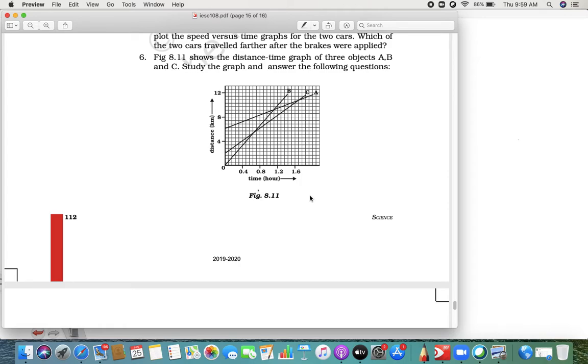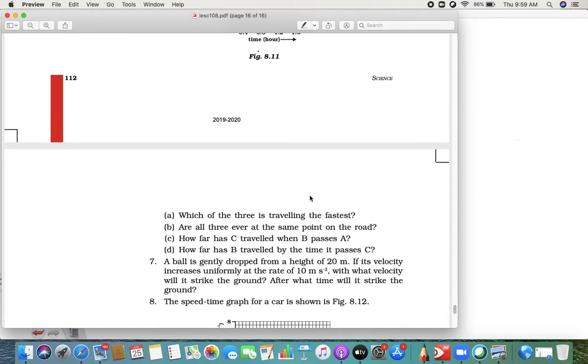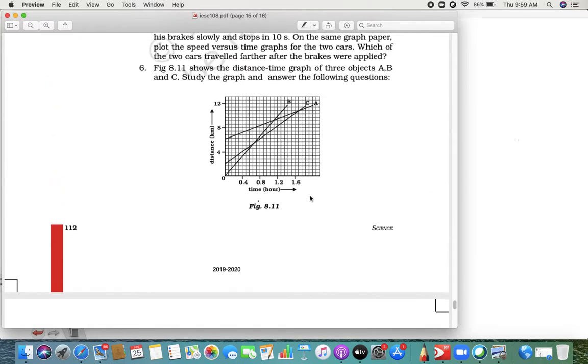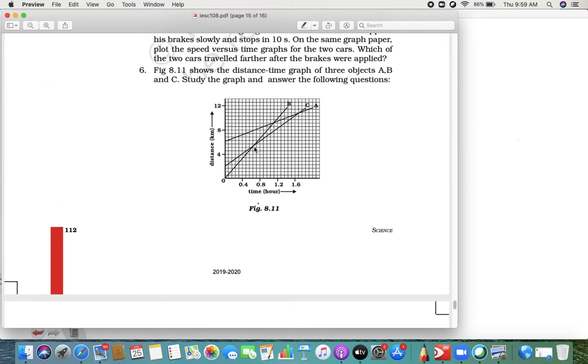Since there are 7 unit areas of the graph between 0 and 4 on the y-axis, how far does C travel when B passes A? If you see, B passes A here, right? B passes A here. How far does C travel?